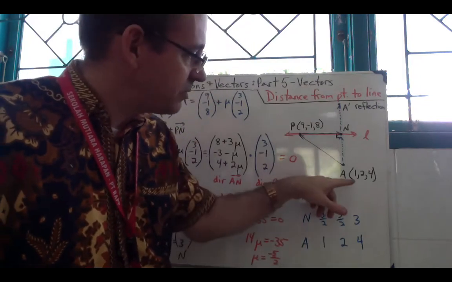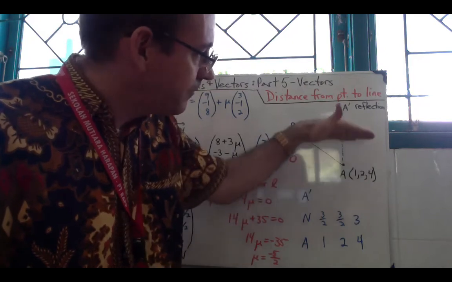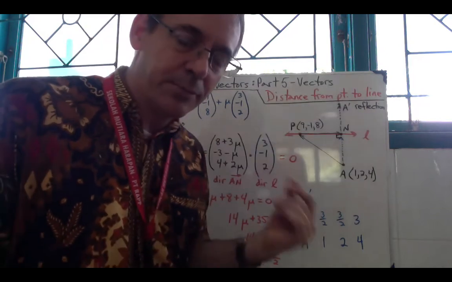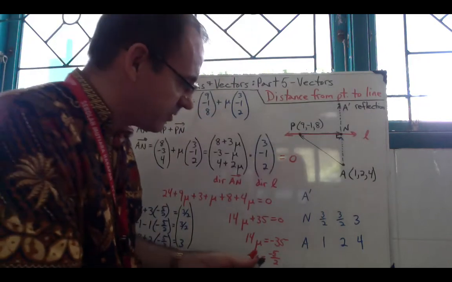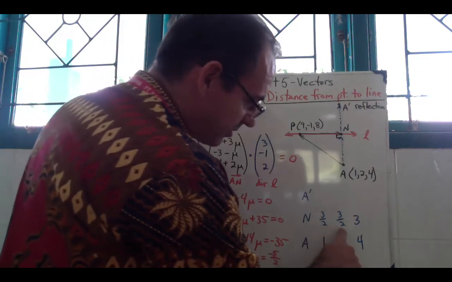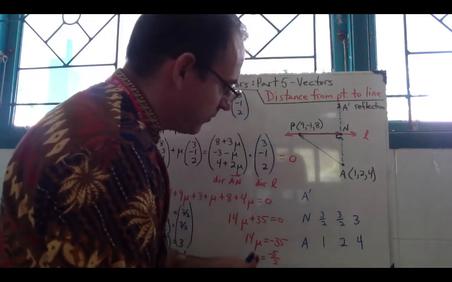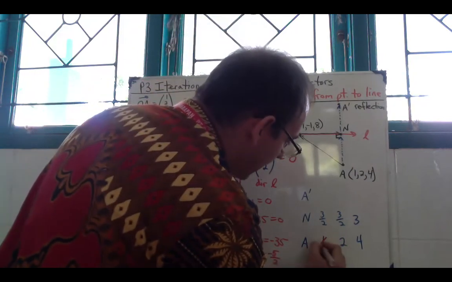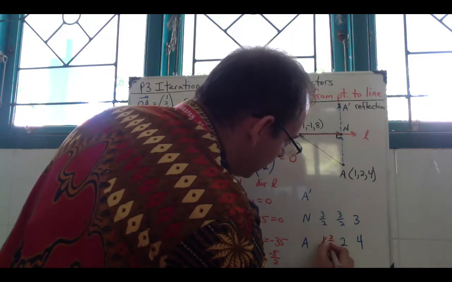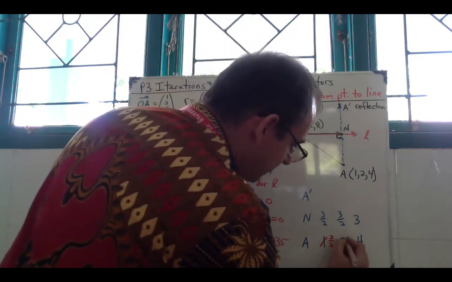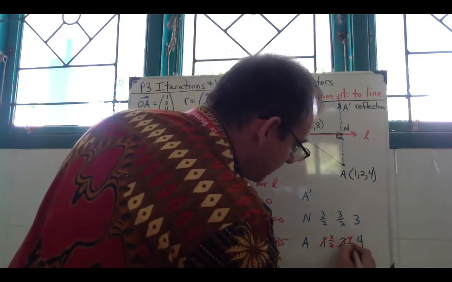All you need to do is make sure your X, Y, and Z move the same number of units. So if we start with A, notice these are in halves. So if we change 1 into halves, it's 2/2. And if we change 2 into halves, it's 4/2.